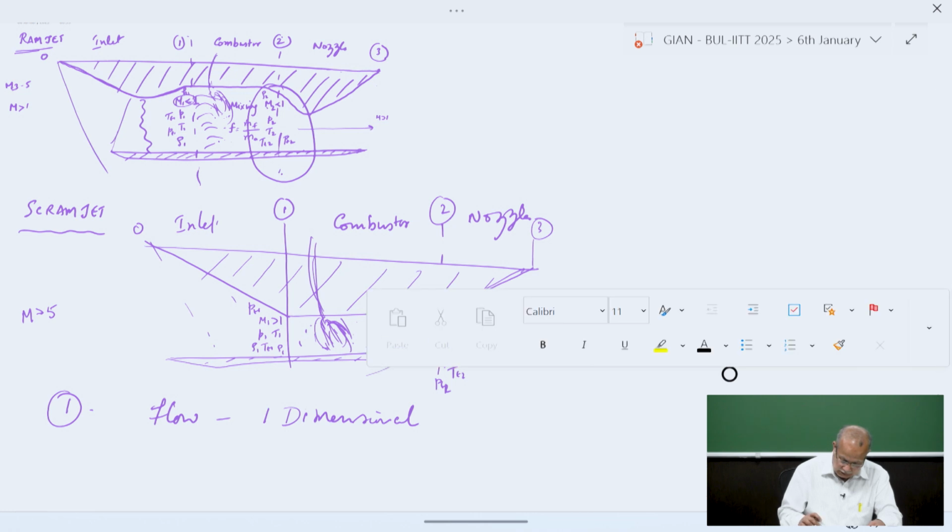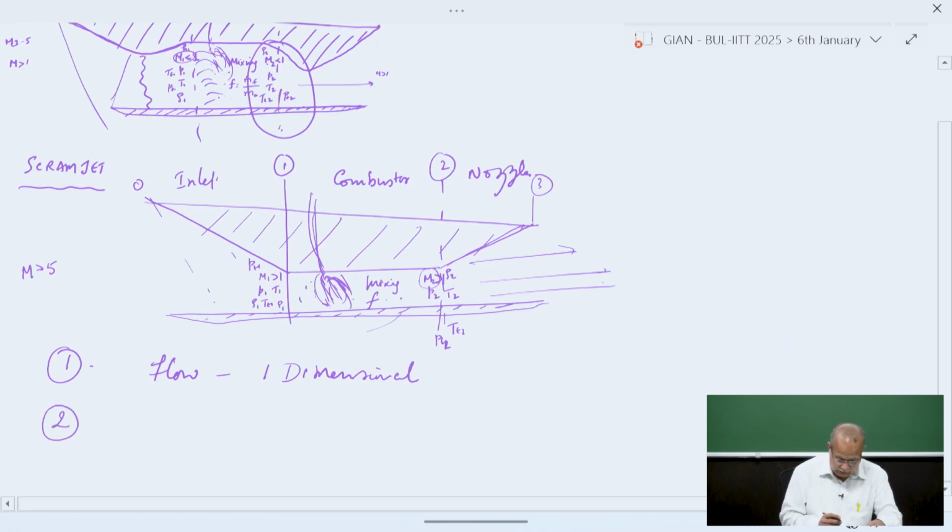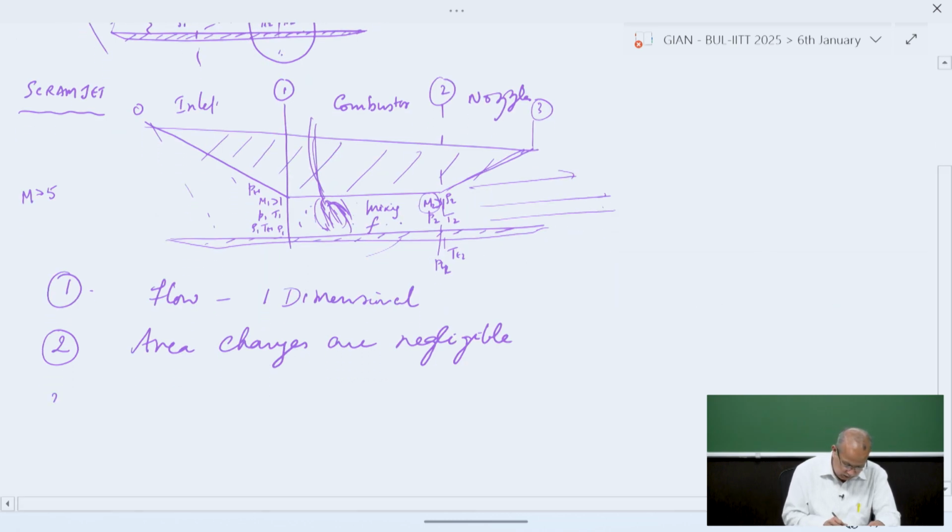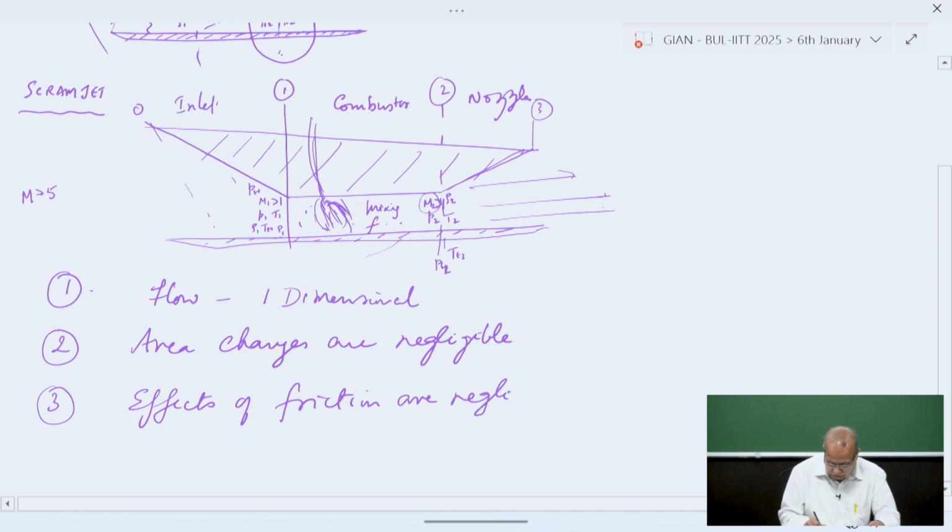The reality is that, number two, there can be some small area changes, but we are assuming that the area changes are negligible. The third assumption you're going to make here is that effects of friction are negligible. That is what we are going to consider.